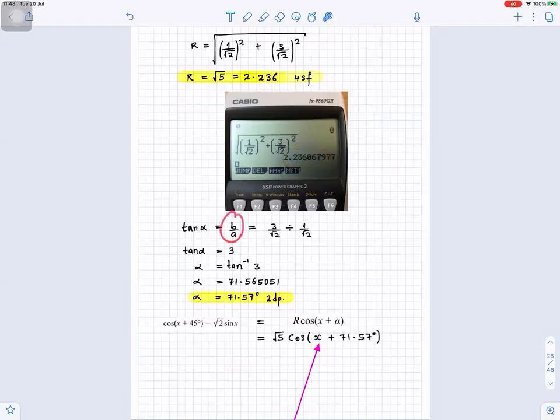Tan alpha is B over A, which is 3 over root 2 divided by 1 over root 2. It gives you 3. Inverse tangent of 3 is 71.565, which is 71.57 degrees. So your answer is finally root 5 cos x plus 71.57 degrees.